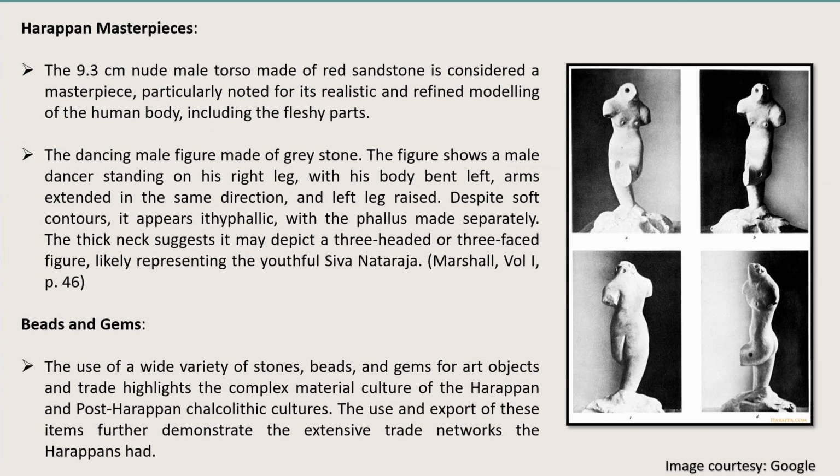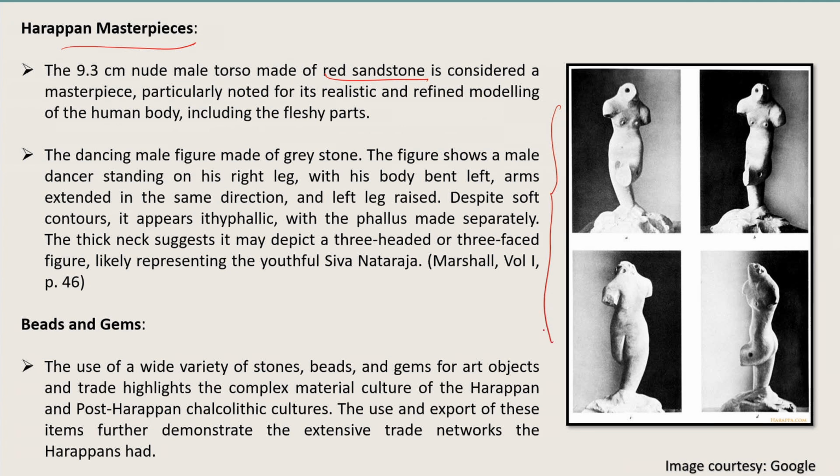Now, the Harappan masterpiece. The 9.3 centimeter nude male torso made of red sandstone is considered a masterpiece, particularly noted for its realistic and refined modeling. You can see it in the figure.